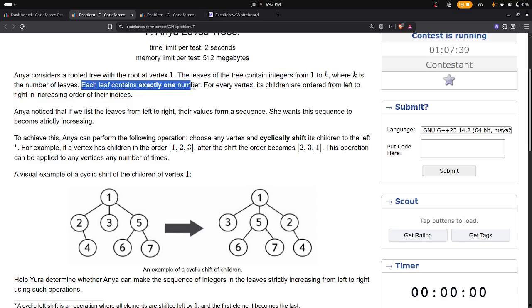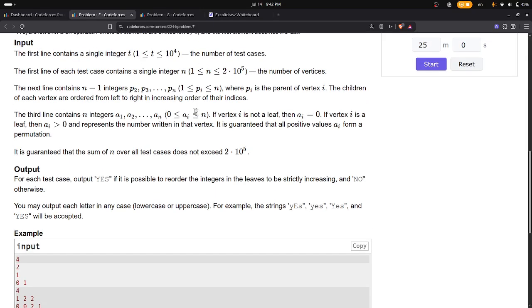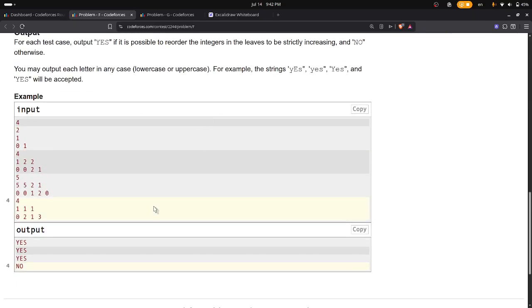Each leaf contains exactly 1 number, so it cannot be n, right? Because there can be n minus 1 leaves, so if we start from 1, that goes up to n minus 1. I don't know why they give up to n.